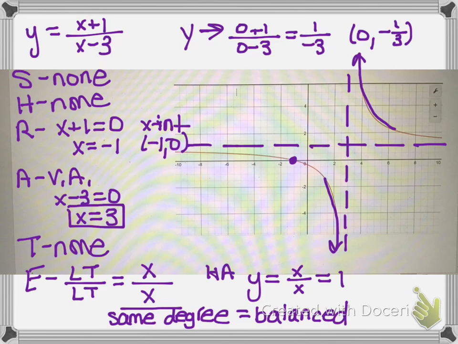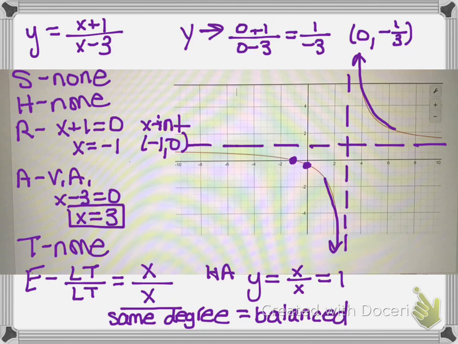And so I can see that right there where it hits the y-axis. Okay, so all of these SHRATEY steps do give us graphical characteristics of this function, but that's not all we use them for. And when it comes to actually sketching the function for yourselves next year, then your teachers will also talk to you about how you know what the rest of the graph would actually look like.